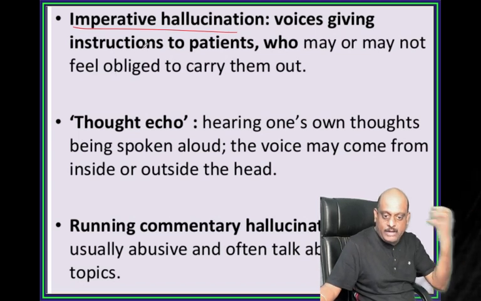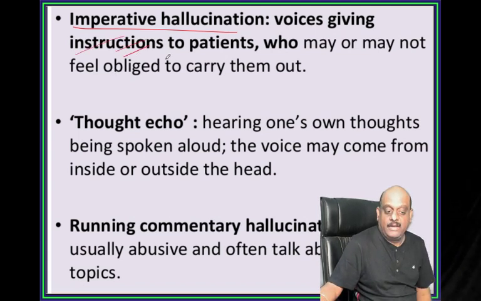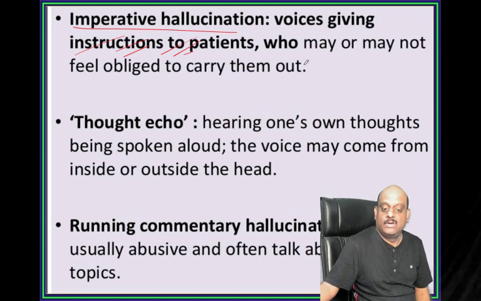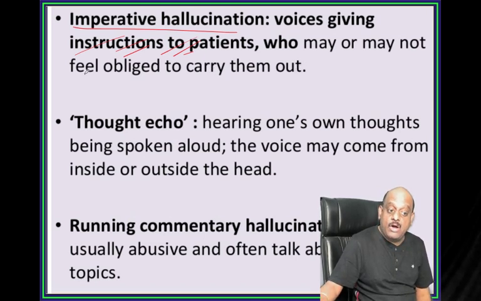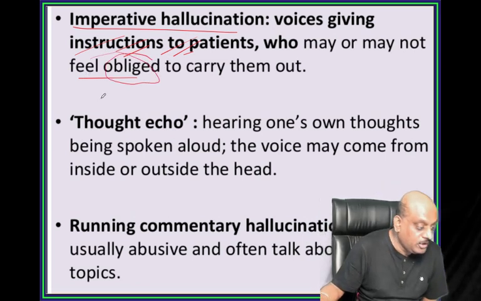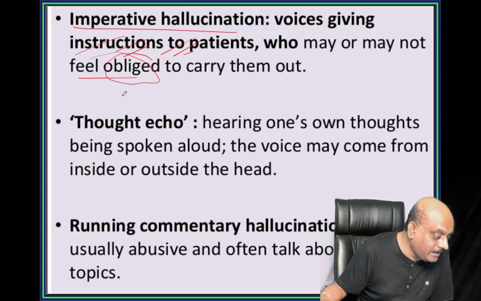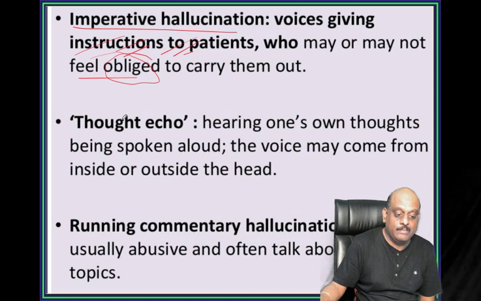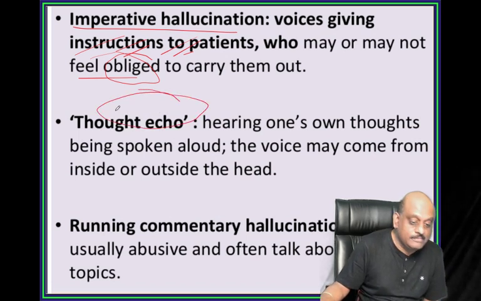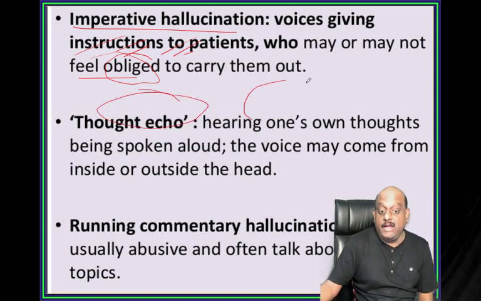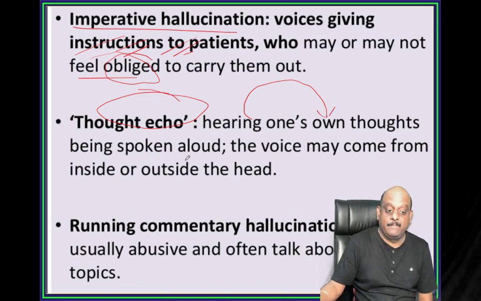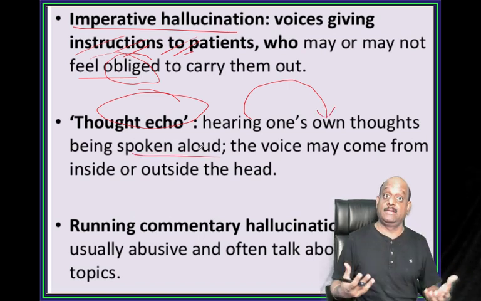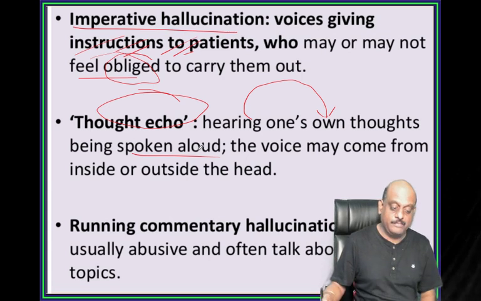Now, what are imperative hallucinations? Patient will keep on listening to voices giving instructions, who may or may not be obeyed by the patient. Similarly, now, thought echo, hearing one's own thoughts being spoken very loudly is called thought echo.